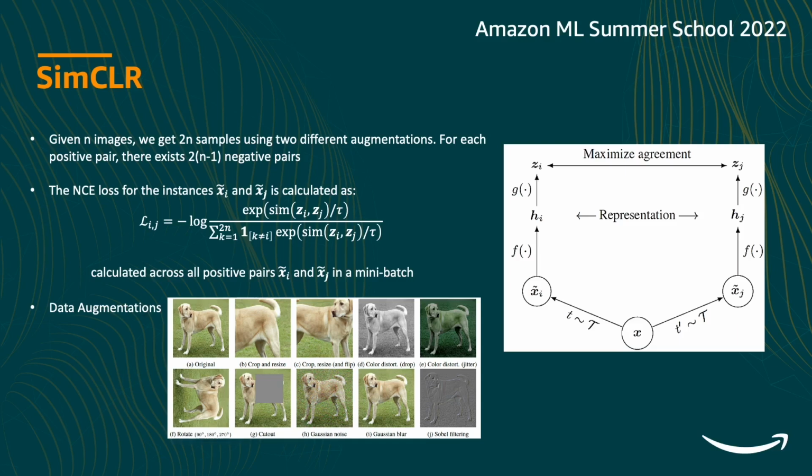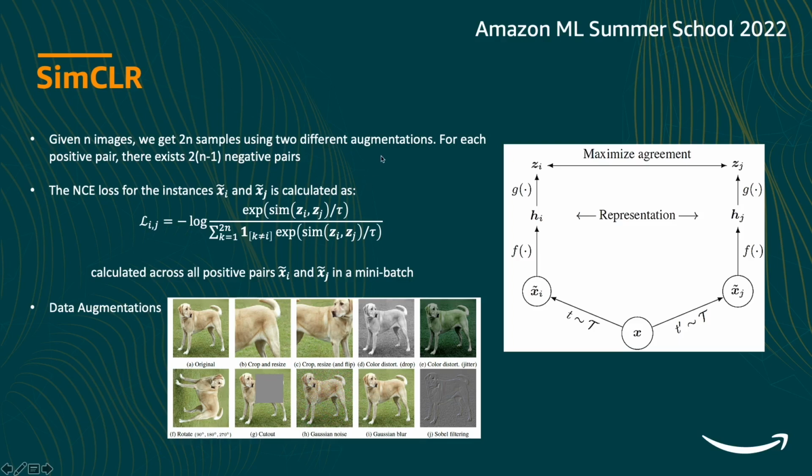Okay, so let us see how SimCLR is trained. So given n images in a mini batch, it first applies 2 augmentations to get 2n samples. And remember, these samples are unlabeled. So there is crop resize, some color distortions, rotations, some noise, and cutout is also applied.